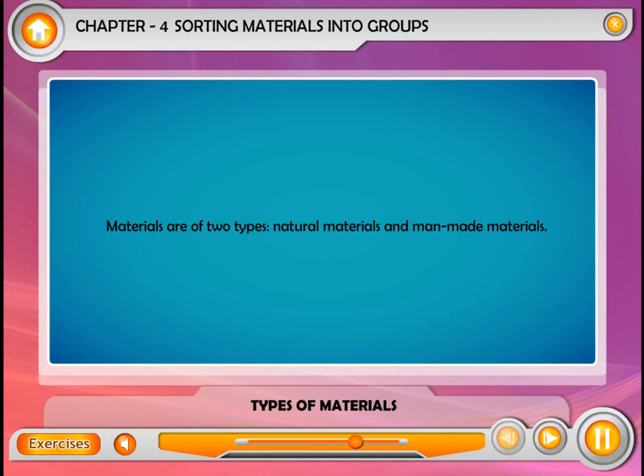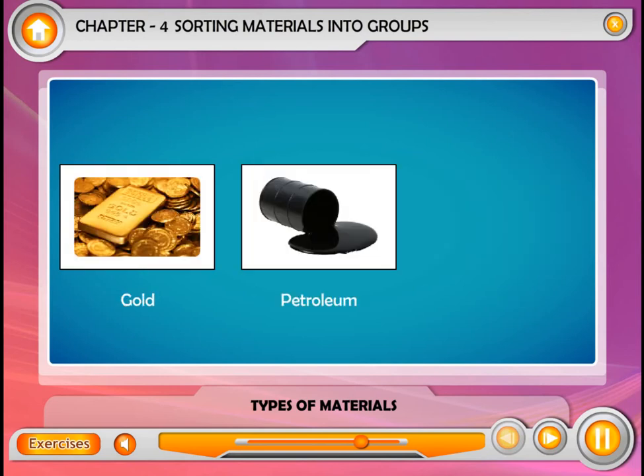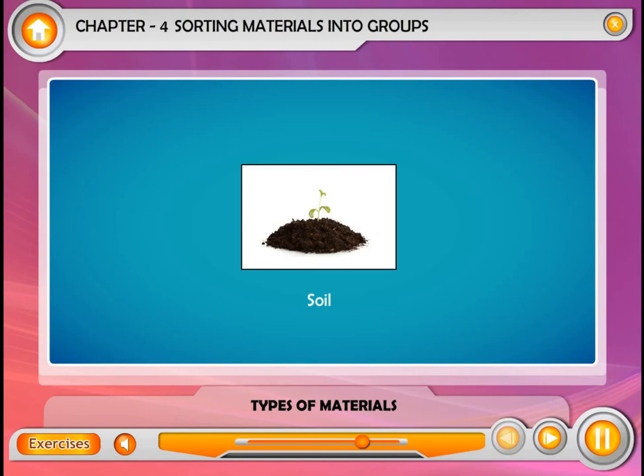Types of material. Materials are of two types, natural materials and man-made materials. A. Some examples of natural materials are wood, coal, rocks, gold, petroleum, sand, and soil.